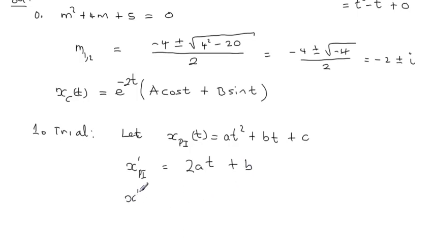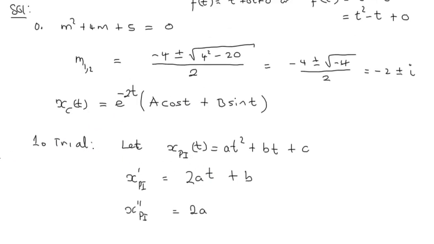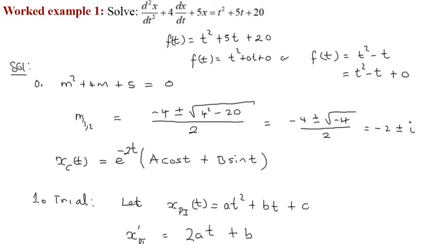And then the second order derivative of the particular integral will give us 2a plus 0, which is that. Now, since this is a solution, we assume that it satisfies the equation, which is given here as second derivative plus 4 times first derivative plus 5 times the solution x.